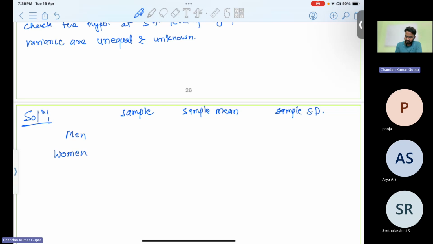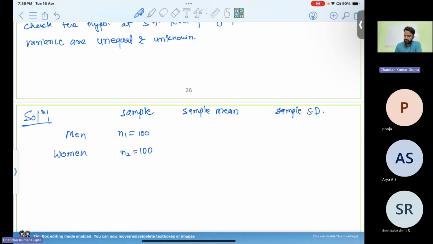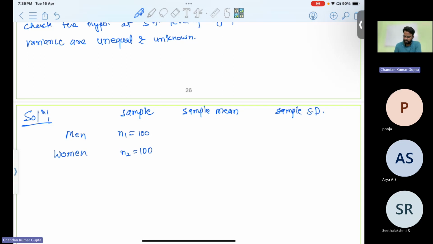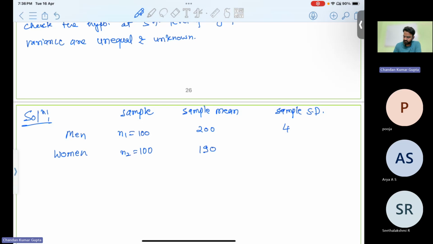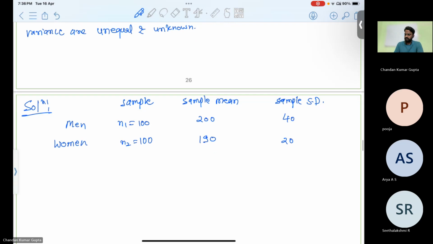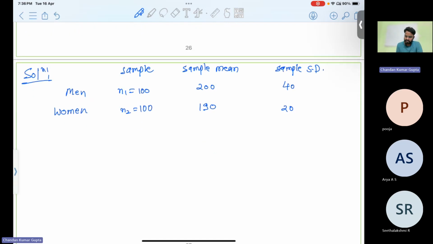Okay, so N1 is equal to 100, N2 is also equal to 100. So the sample mean is $200 and $190, and the sample standard deviation is $40 and $20. Okay. Now, these are the given information.